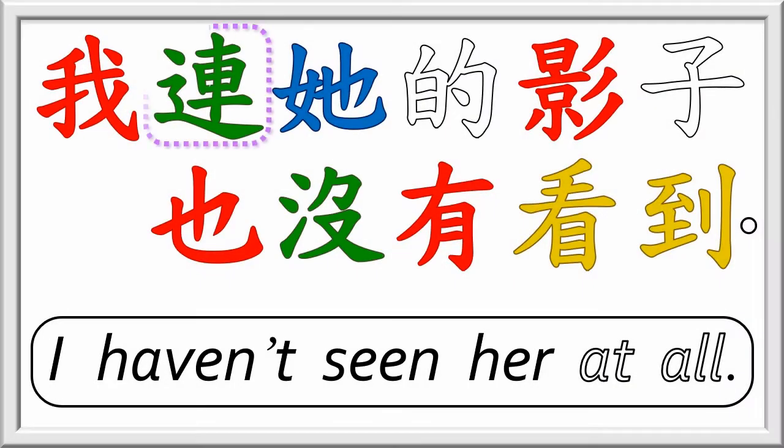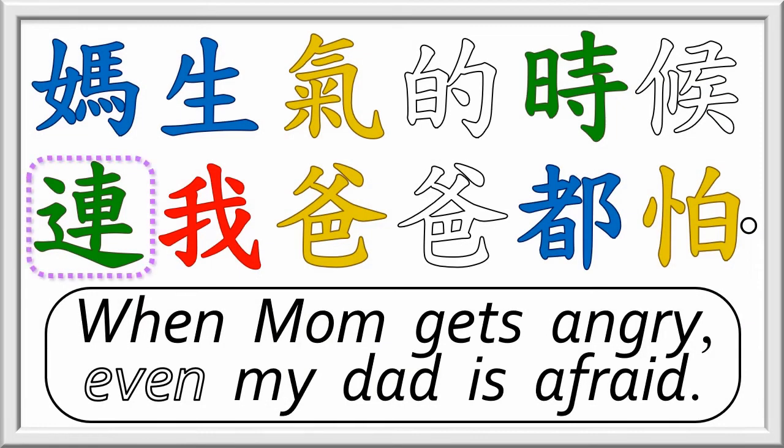as even. 我连她的影子也没有看到. I haven't seen her at all, literally, haven't even so much as seen her shadow. 我妈生气的时候，连我爸爸都怕. When my mom gets angry, even my dad is afraid.